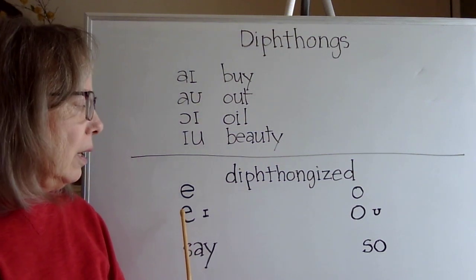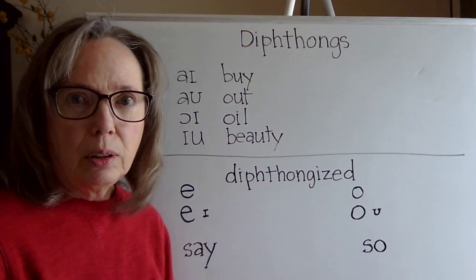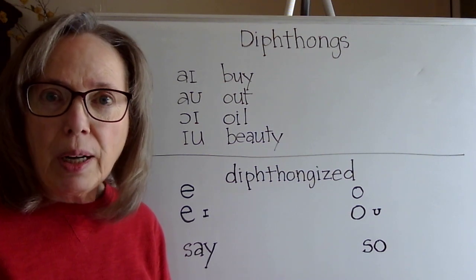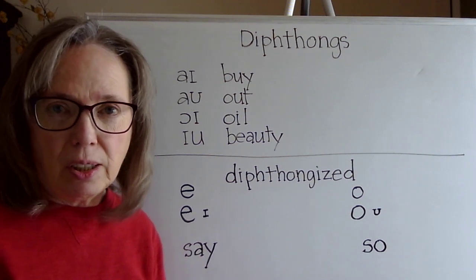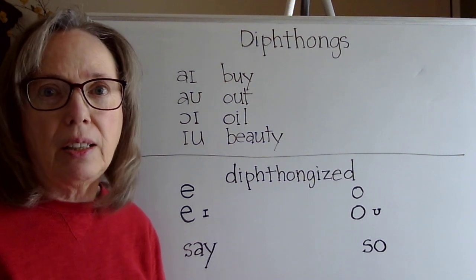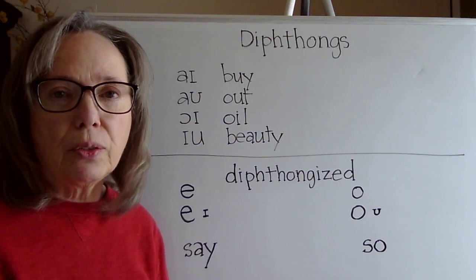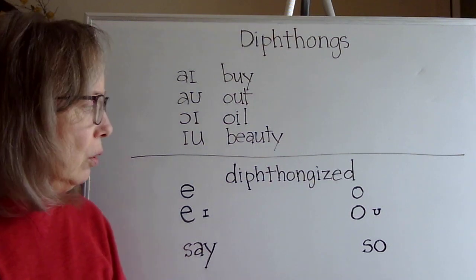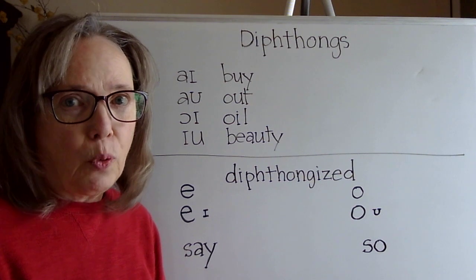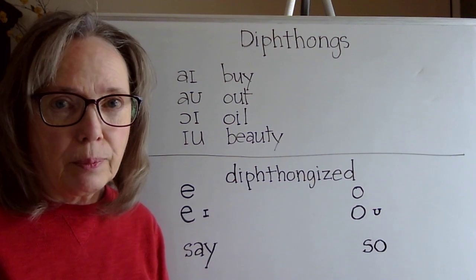But A and O sound a little bit like a diphthong, but when you look it up in the dictionary and you find the pronunciation, you'll often see that the International Phonetic Alphabet will only give you this symbol or this symbol for these two sounds.